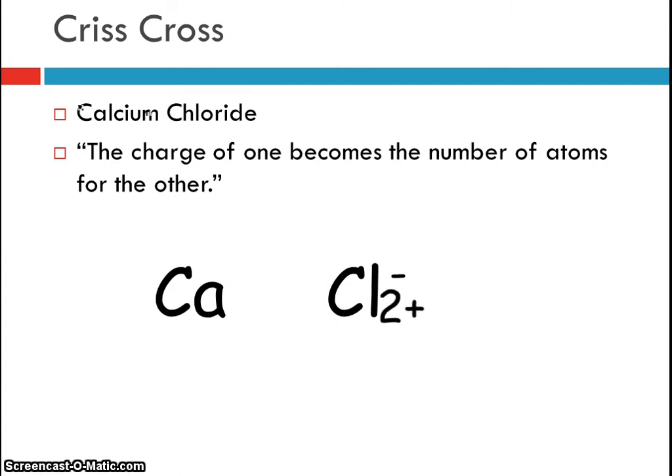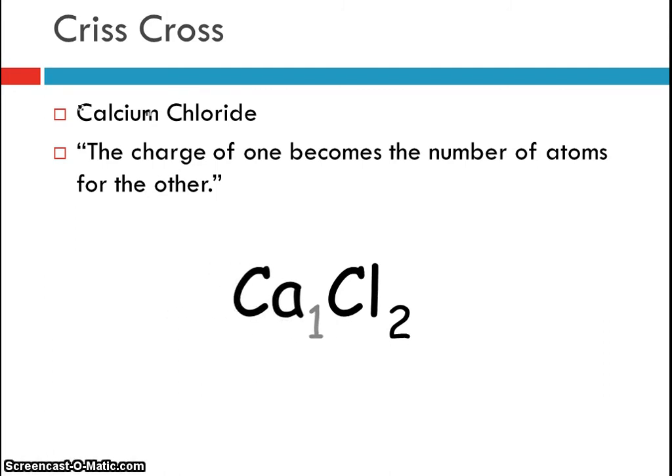And the minus 1 charge for the chlorine will now become the number for calcium. So the Cl becomes a 2, and that minus 1 for calcium becomes a 1. I'm going to bring them together, and you can drop the 1 and just write CaCl2.